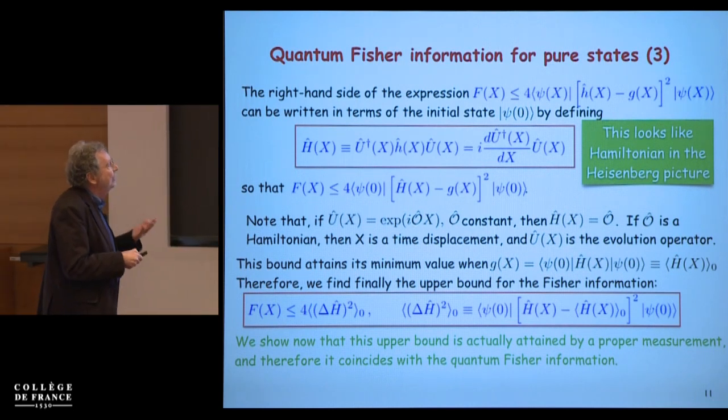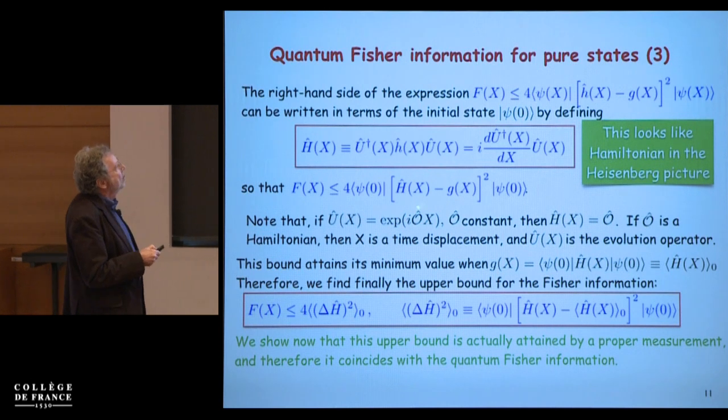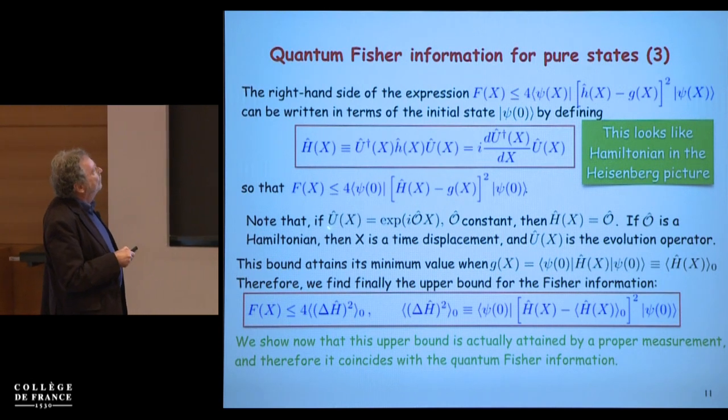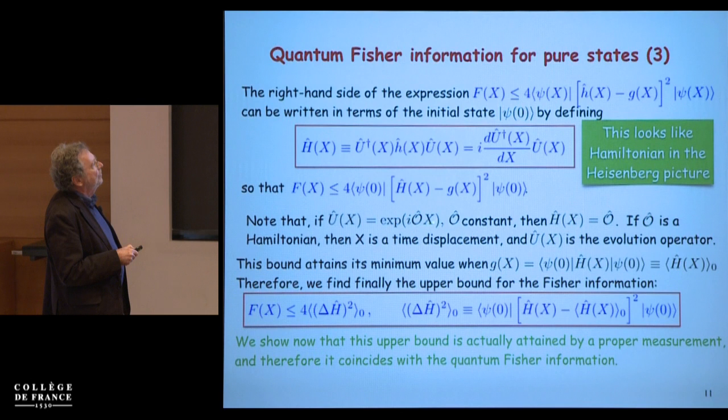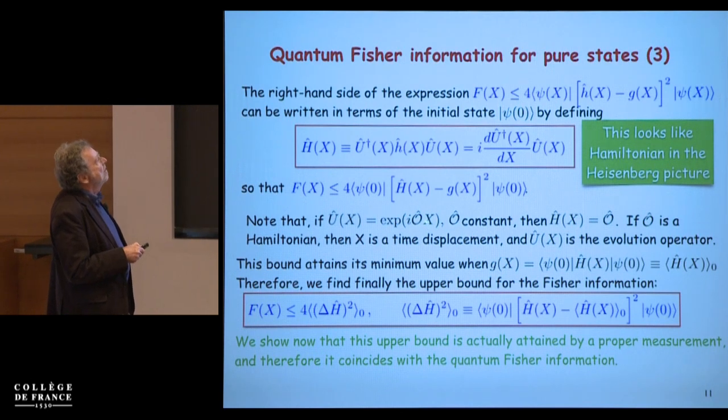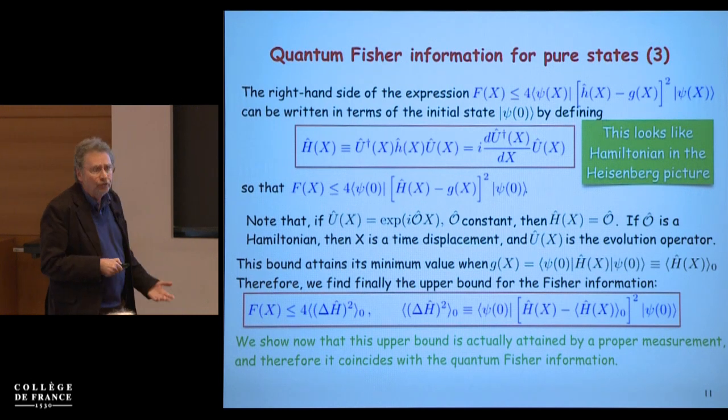Okay, so just to have in mind what these things really mean, suppose that the evolution operator is like that, so it's an exponential, and the argument of the exponential depends linearly on the parameter. Then it's easy to show that this expression here is just this operator here. So if O, for instance, is Hamiltonian, then x is a time displacement, and u of x would be the evolution operator.